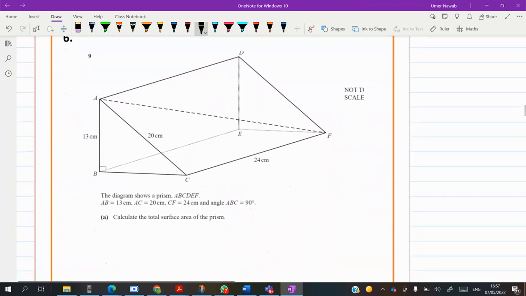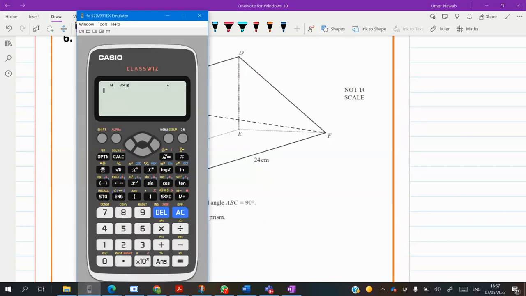Question number 6 is prism. We want to find the surface area. To find the surface area, we need to find the front face, which is the area of a cross section. This is the triangle, guys. Here we face a problem because we don't know the base. We need to use Pythagoras. So 20 squared minus 13 squared.